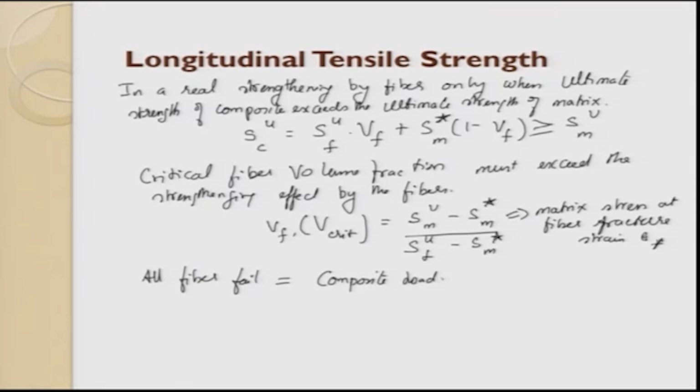The composite will fail at a stress. So what is the composite failure stress? Composite failure stress is nothing but V of M into S of M ultimate. So there is a decrease in strength of the composite on increasing the fiber volume content than minimum.